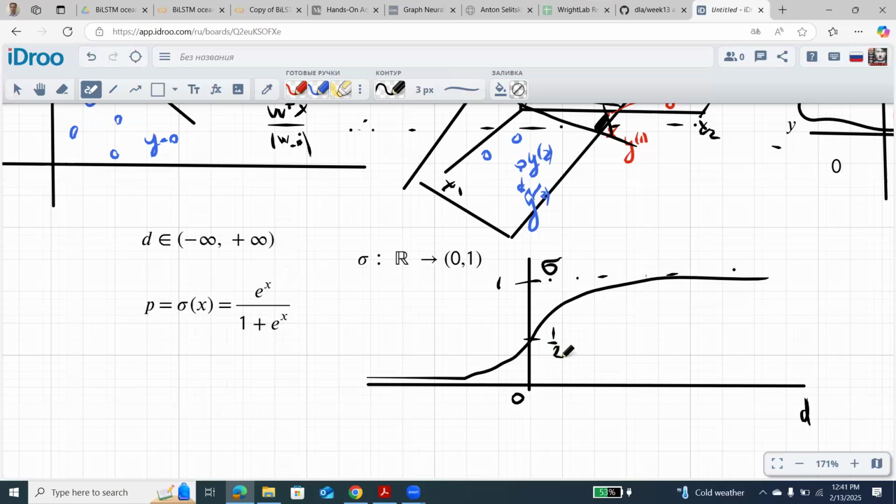And instead of classifying points based on the threshold for distance, like greater than 0 or smaller than 0, we can convert distance into probabilities and classify points based on the threshold 1/2. So if the probability is greater, we will assign +1.